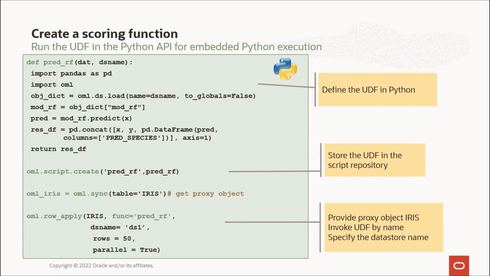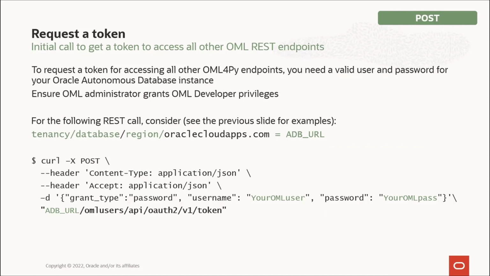And as you can see, the function takes the data and the data store name as input. oml.script.create saves the function to the script repository, and we're using oml.sync to get the proxy object, iris, and then invoke the function using row apply, specifying the script and data store names that we want it to run 50 rows at a time in parallel. This is the token request sent using curl.